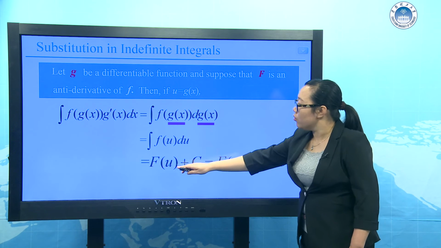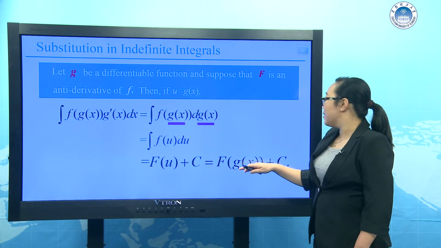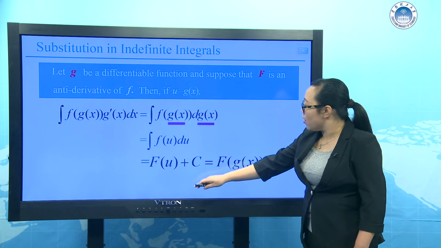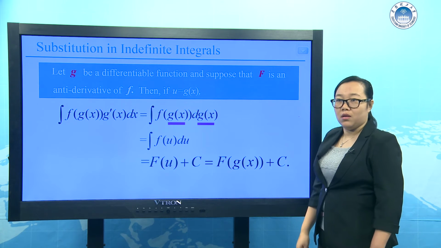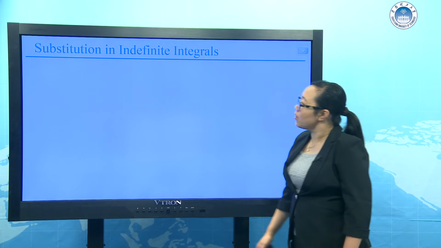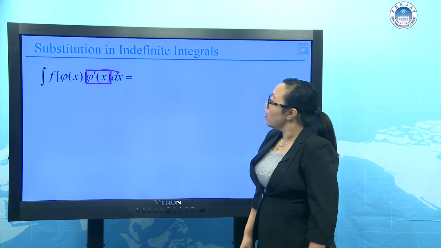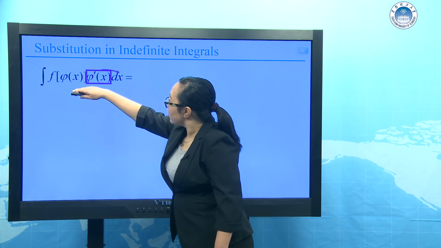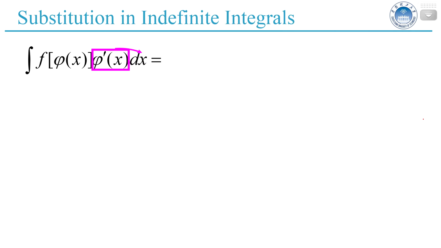And here replace u with g(x). We can get the final result. The formula is very important. Look at the concrete expression, for example, f(phi(x)) phi'(x) dx. F of phi is a given expression. Phi prime, sometimes you can make it up.